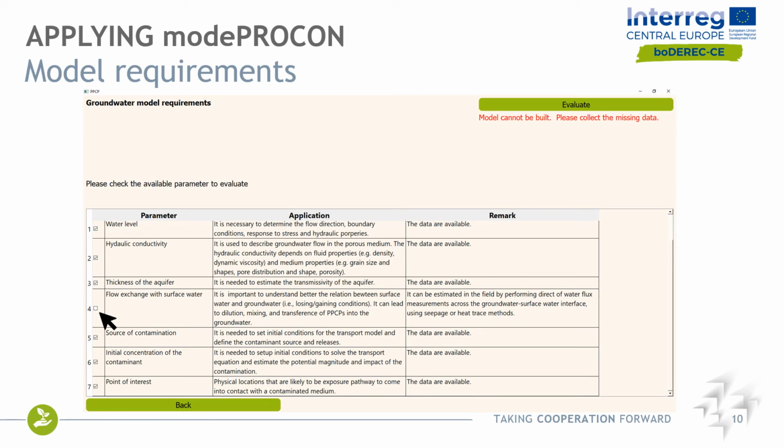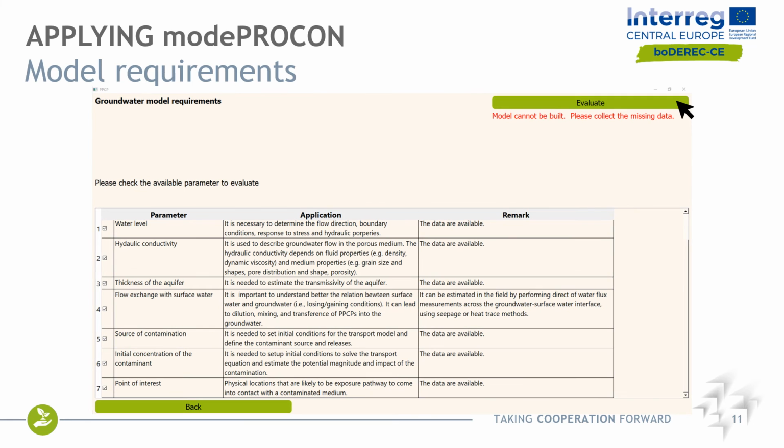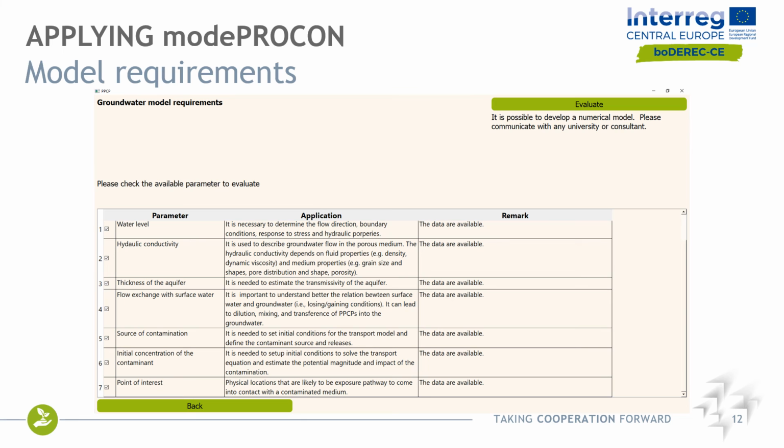In this case, the surface-groundwater interaction can be yielded by measuring the flow between the river and the aquifer by using seepage meters. If we assume to have this information, we can tick on Yes and click on Evaluation again. Now the output is: it is possible to develop a numerical model.